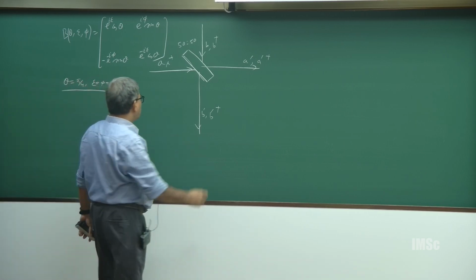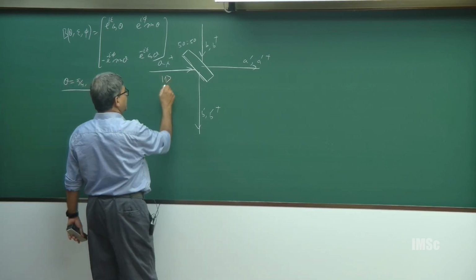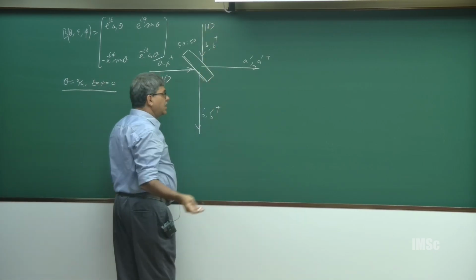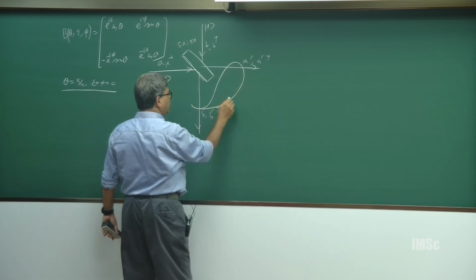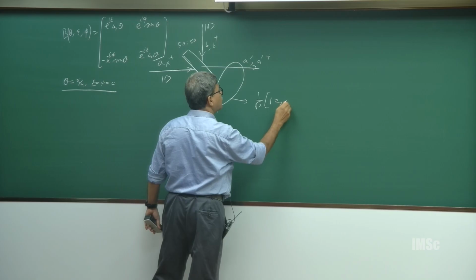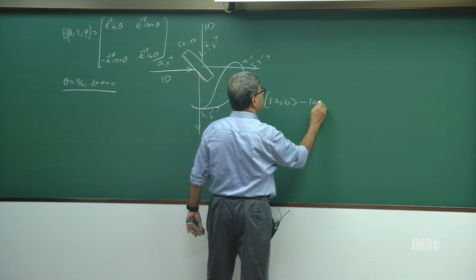Then what we have seen is that if I take here a single photon state and here also a single photon state, then this state will be of this form, 1 upon root 2, 2 comma 0 minus 0 comma 2.